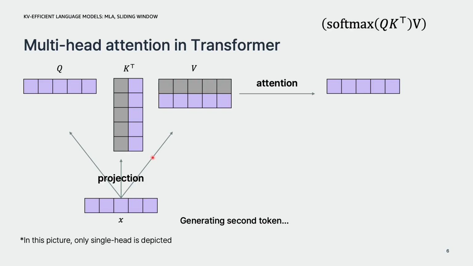What this means is that we do not need a query for the first token, which is this gray query block. However, we still need the keys and values of the first token because the query of the second token needs to attend to the keys of the first token. And then also the value of the first token is used.